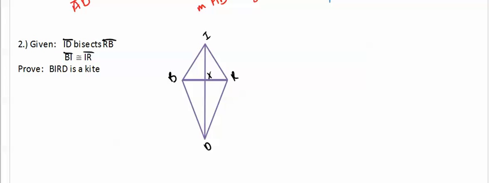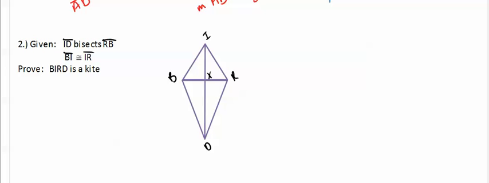Example number 2, we're given that ID bisects RB and that line segment BI is congruent to line segment IR. What we're trying to prove is that BIRD is indeed a kite. If we look at page 256 of proving that a quadrilateral is a kite, there are 2 ways we can do this. The first one is if 2 disjoint pairs of consecutive sides of a quadrilateral are congruent, then it is a kite.